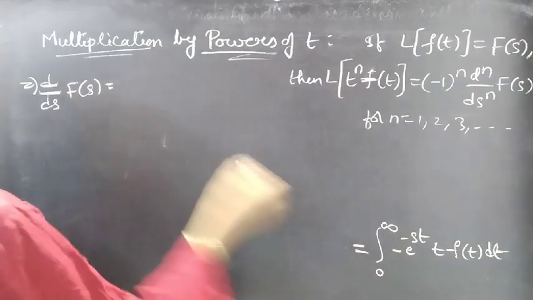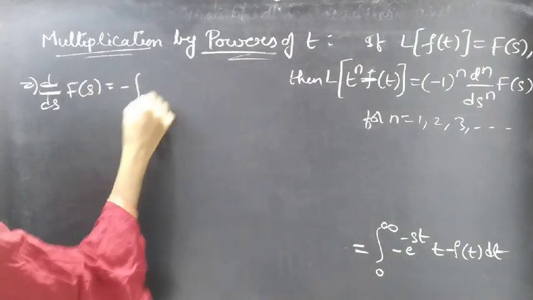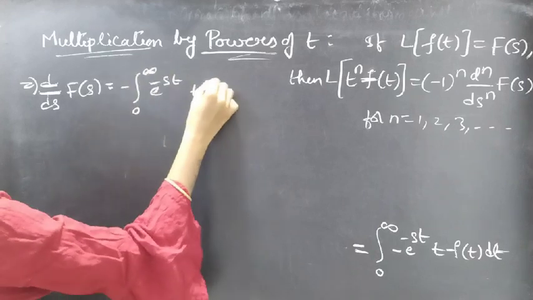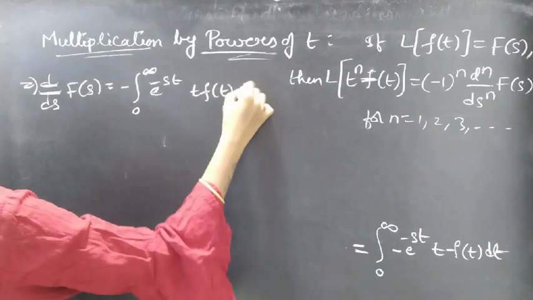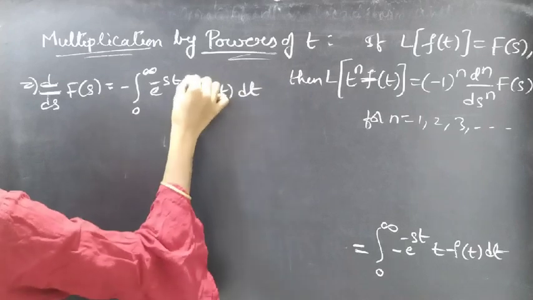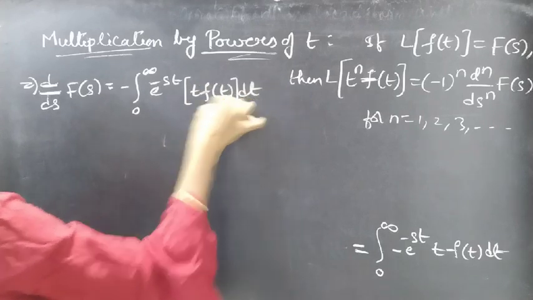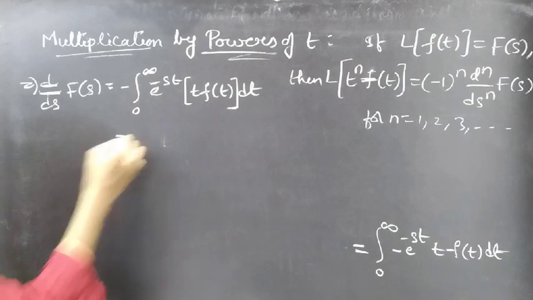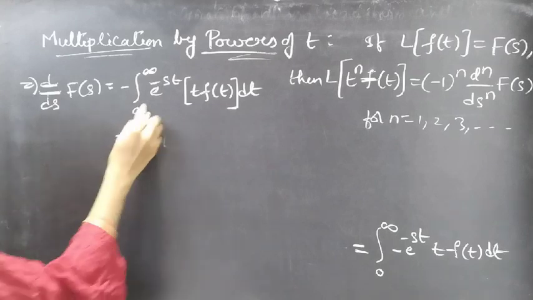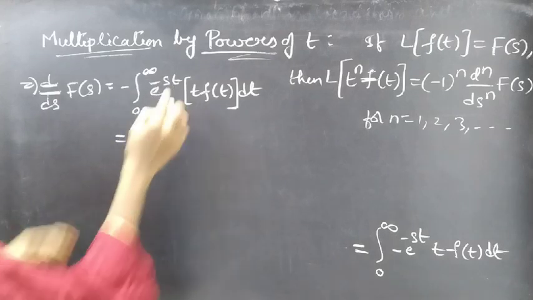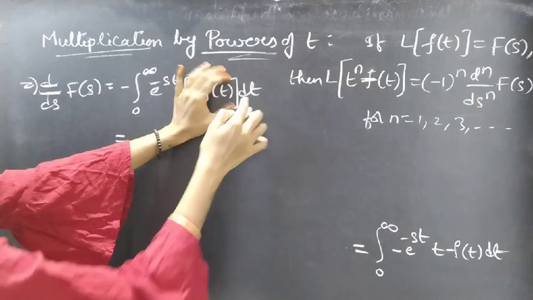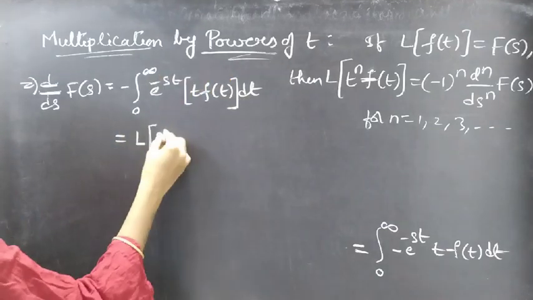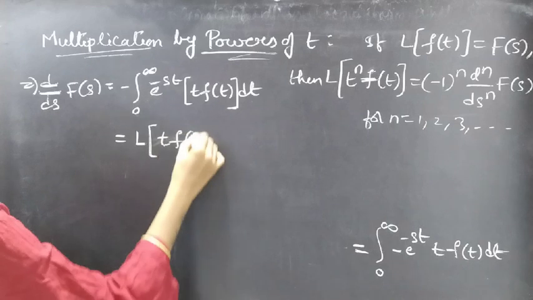Now we can write this as minus integral 0 to infinity e power minus st into t into f of t dt. We can consider t into f of t as one function, and it looks like integral 0 to infinity e power minus st into some function of t dt, which is L of that function, that is t into f of t.